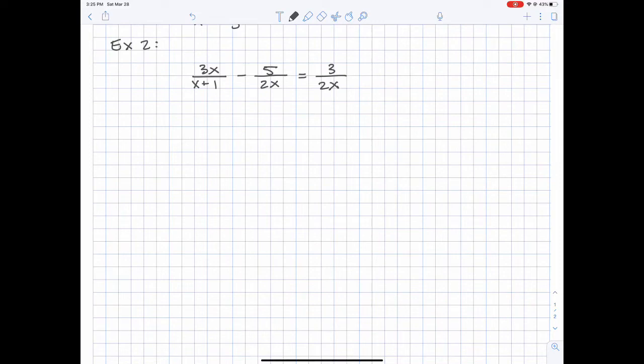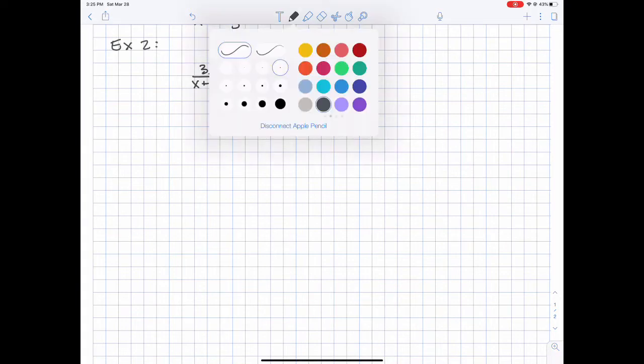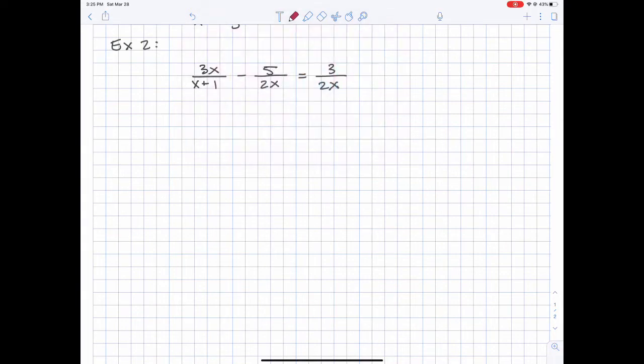Okay, so what I could do here is go ahead and use the techniques that I've done before and combine those two fractions, then use cross multiplying. However, there's something that is even better. We have done this before when our denominators are numbers, but now we're going to do it when our denominators have variables.